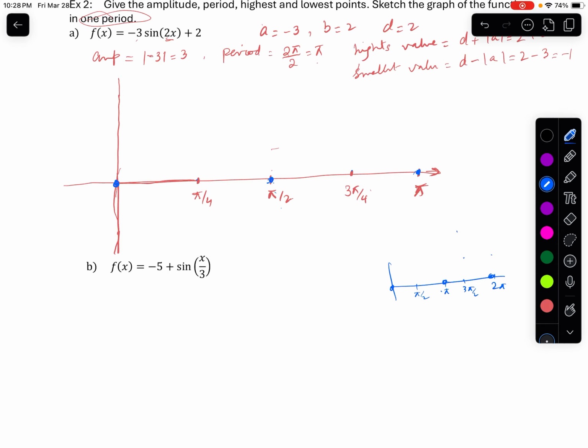Now at this point it will be 1, but since I am multiplying by 3, I will have to go 3 up and 3 down. So 3 units up and 3 units down. Let me mark it 1, 2, 3, but I need 2 more because of this.